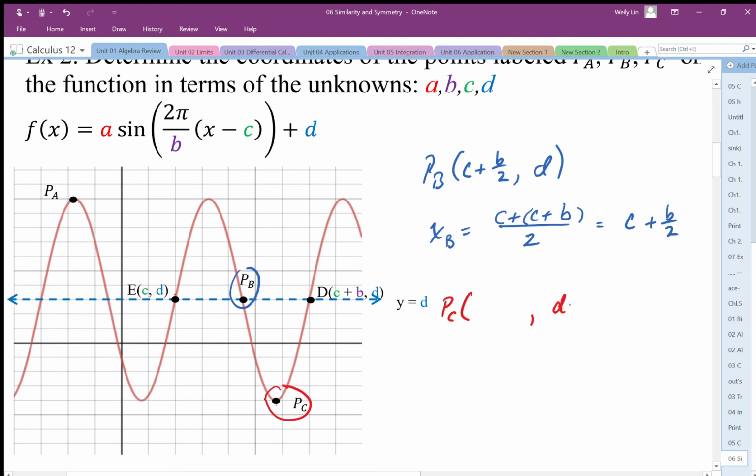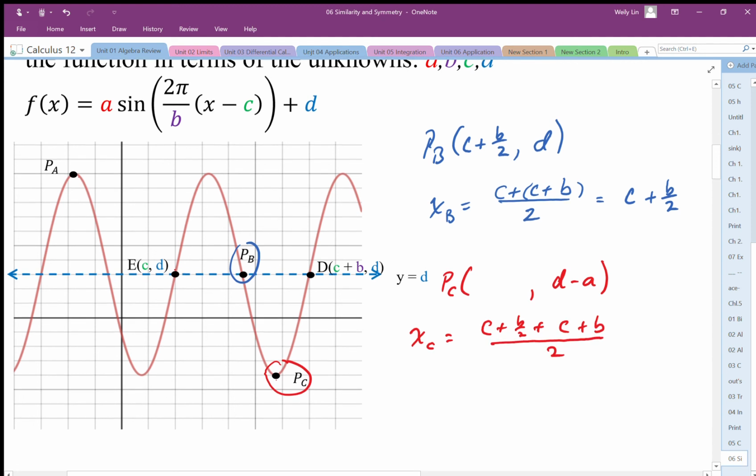So I'm going to go D minus A as the y position. For the x position of point C, I'm just going to do the average again. So I'm going to take the point at C plus half B, plus the point at C plus B, so that's going to be 2C plus 1.5B, divide that by 2.